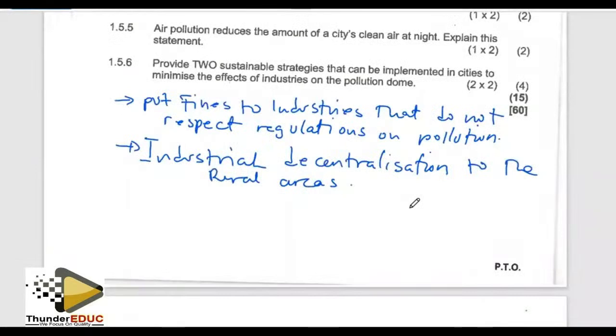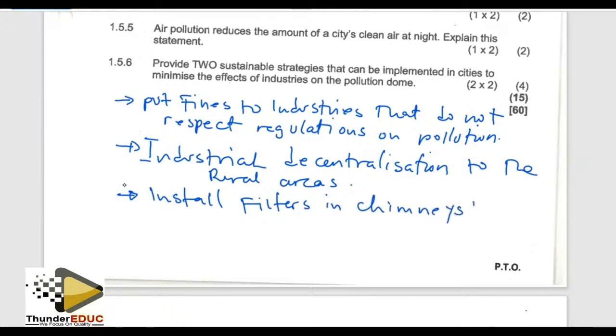Again, technology: install filters in chimneys to reduce pollutants as well.